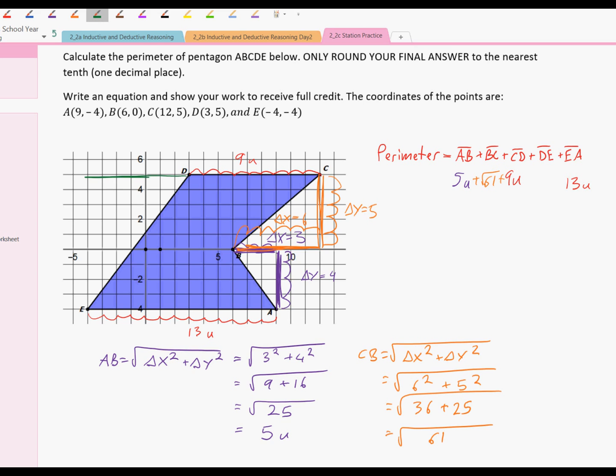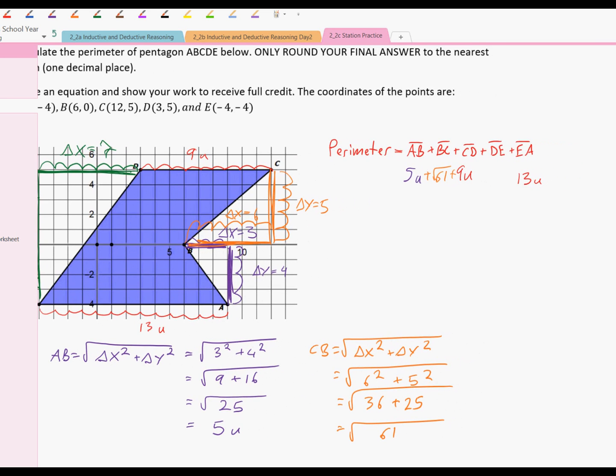So let's turn this guy into a right triangle, and let's count. 1, 2, 3, 4, 5, 6, 7. Change in X equals 7. 1, 2, 3, 4, 5, 6, 7, 8, 9. Change in Y equals 9.